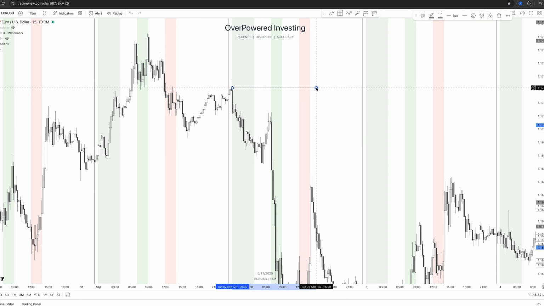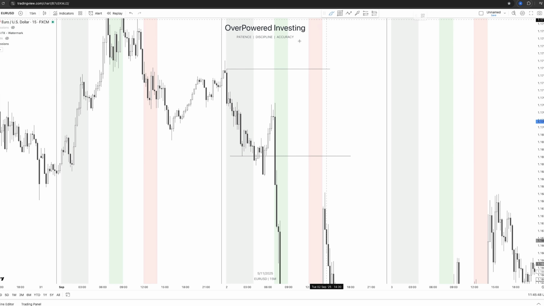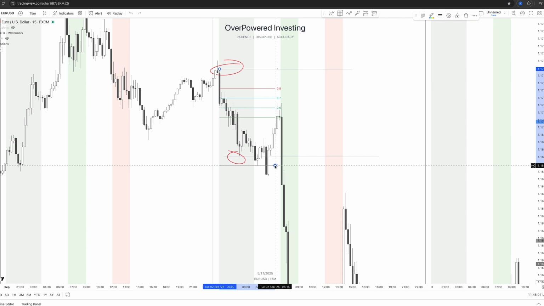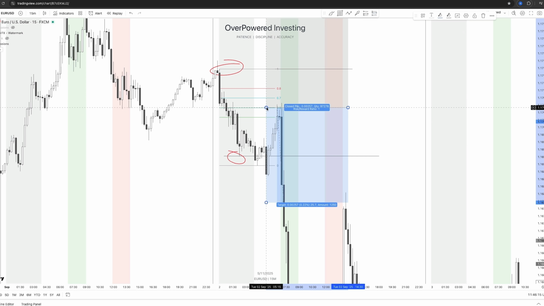Okay, let's cover this example and we can wrap it up. Okay guys, look, here's our Asian high, this is our Asian low, and over here the price is breaking out. We do have one full body candle that broke to the downside, one more candle closing outside of our Asian range. Basically what we do here is that we draw our fib levels from this high to this low, and we enter our trade as usual at the 60% retracement level.